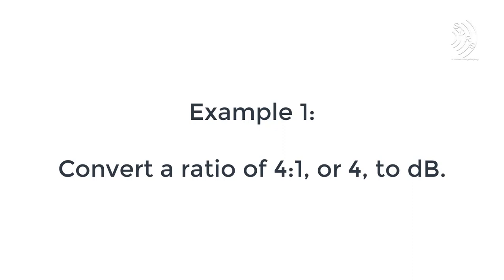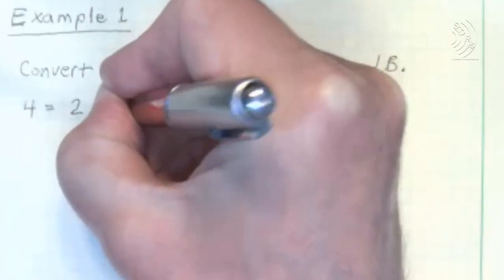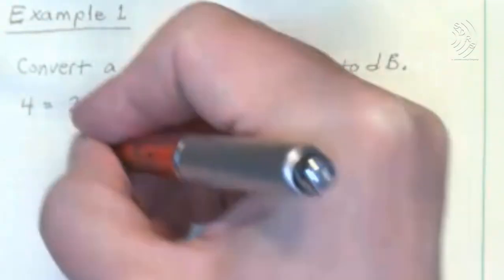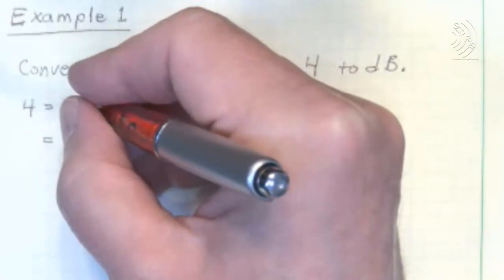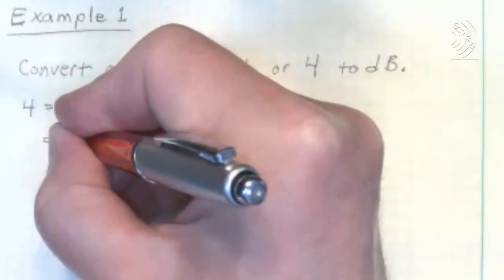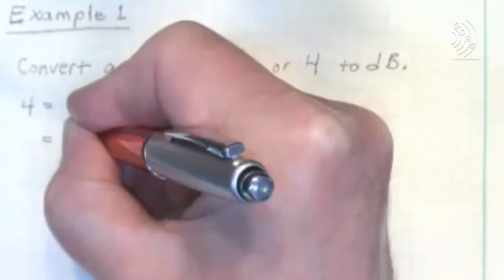In our first example, we're going to convert a ratio of 4:1 or 4 to dB. We recall that 4 can be expressed as 2 times 2, and that in decibels, a ratio or factor of 2 is expressed as 3 decibels.